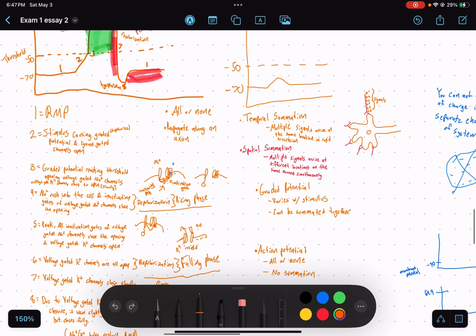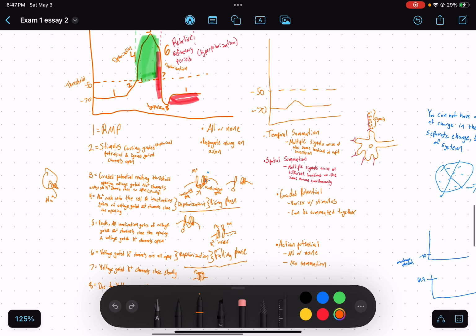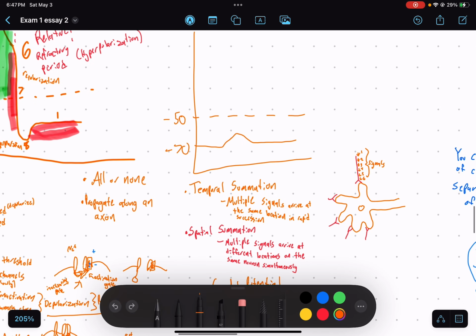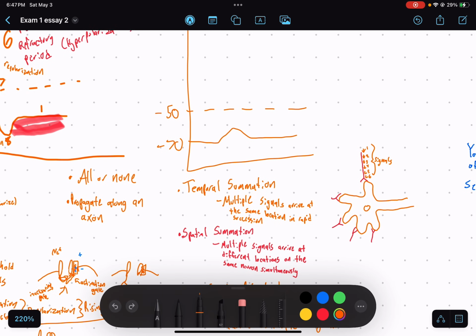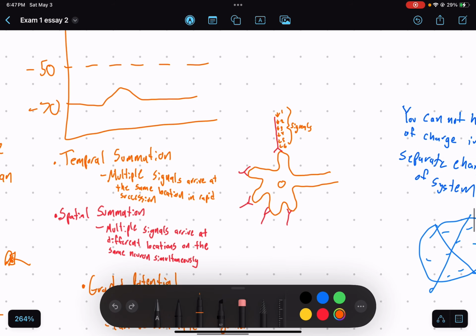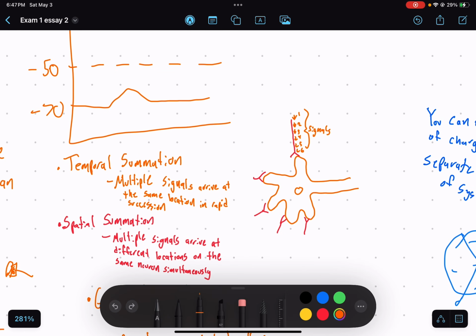Next, we're going to talk about graded potential and action potential as well. But before we do, I want to discuss a little bit about temporal summation and spatial summation. So I drew here the difference in different colors. So we have our neuron soma right here, which is its entirety.